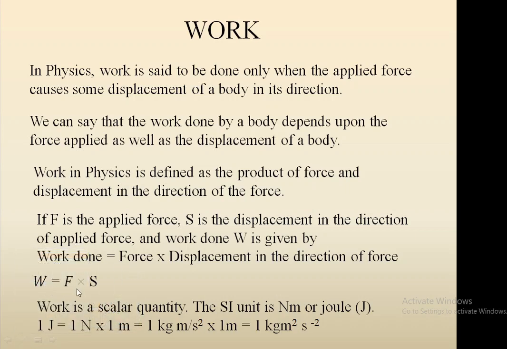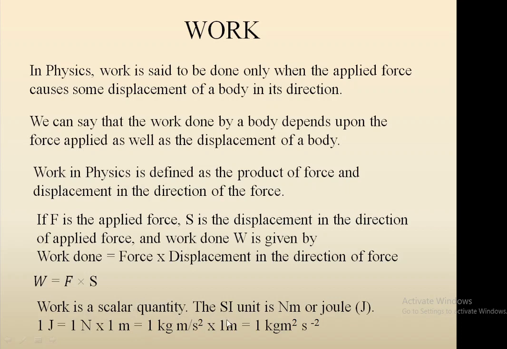So W is equal to F into S. Even though force and displacement are vector quantities, the product of these two vectors is a scalar product, and the result of this scalar product is a scalar quantity. That means the work is a scalar quantity.